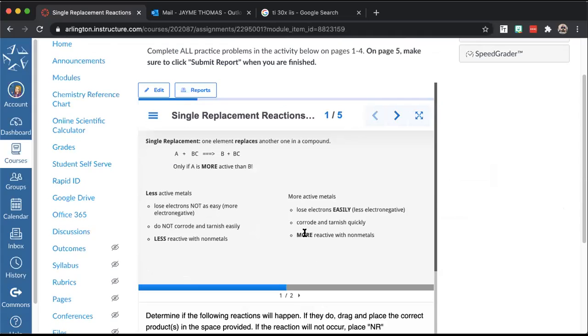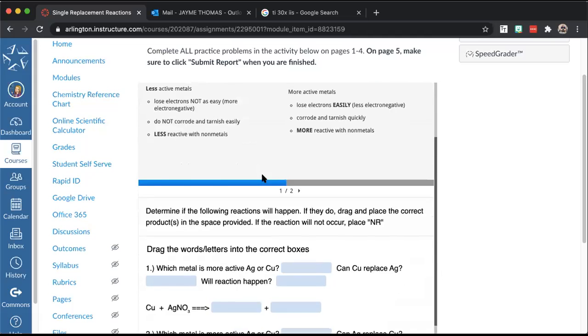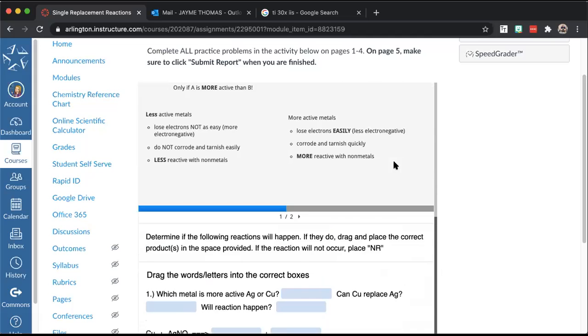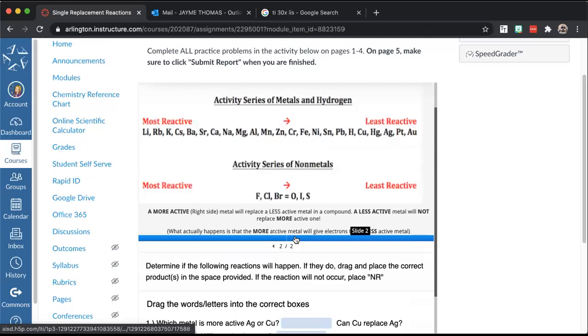Okay. So it has, again, a summary up here of single replacement and what it would look like. And then there are questions based on using your activity series, which if you go to the second page, here's the activity series. This is what I was talking about. This one's horizontal. So notice it has most reactive over here on the left and least reactive on the right. They're in the same order: lithium's the most reactive, gold's the least reactive. It's just that they're horizontal instead of vertical.